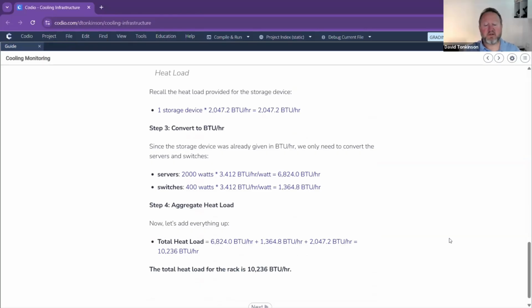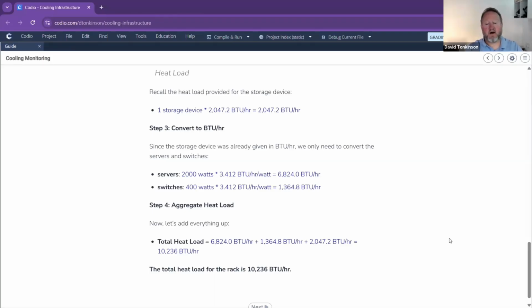So for those 2,000 watts for the servers times 3.412, giving us a total of 6,824 BTUs per hour. So that's how much heat we can expect those units to provide. On the flip side of that, we need to make sure our AC can get rid of that many BTUs.